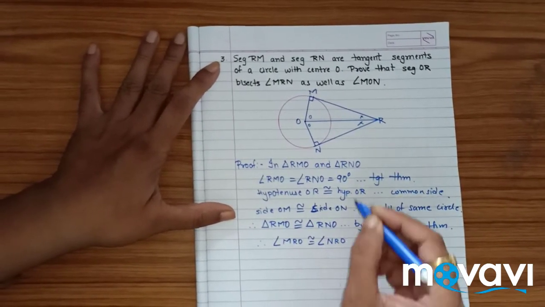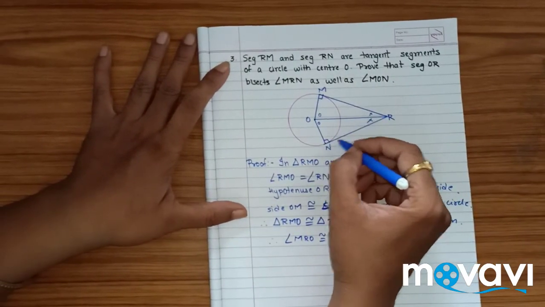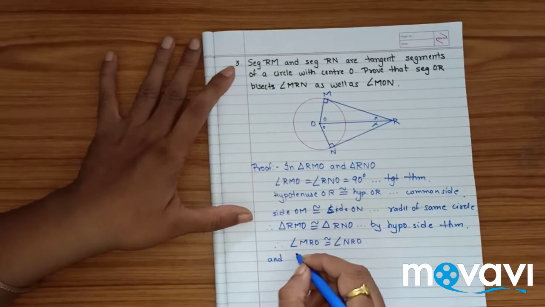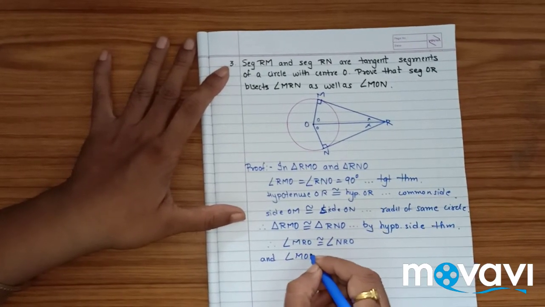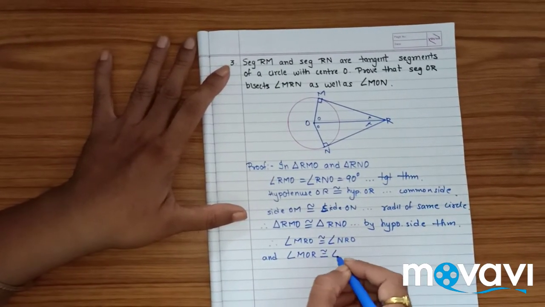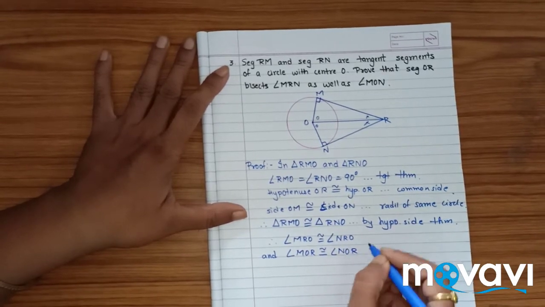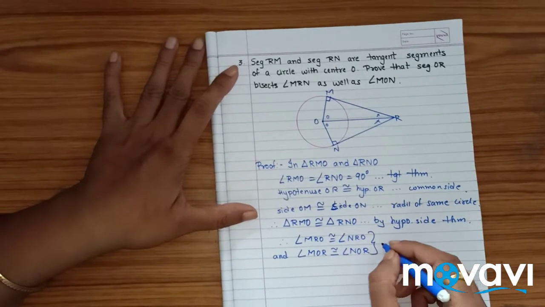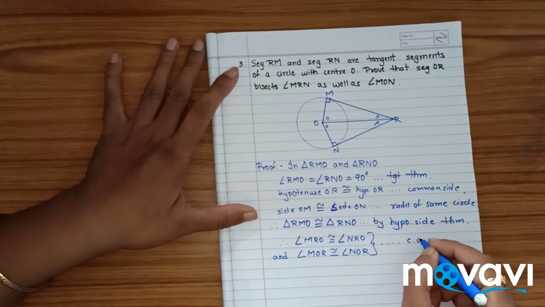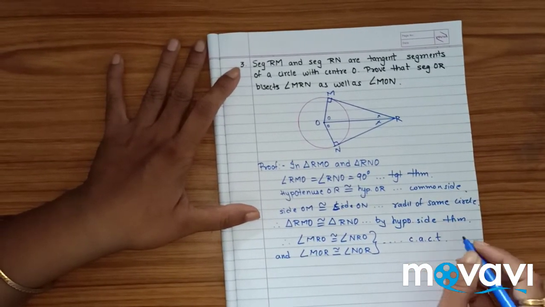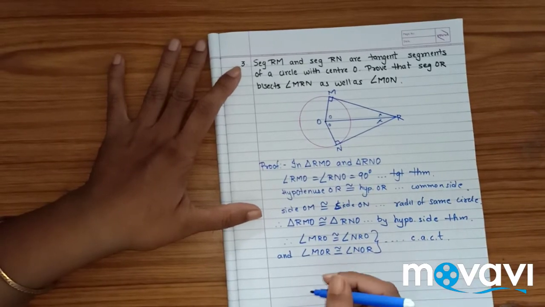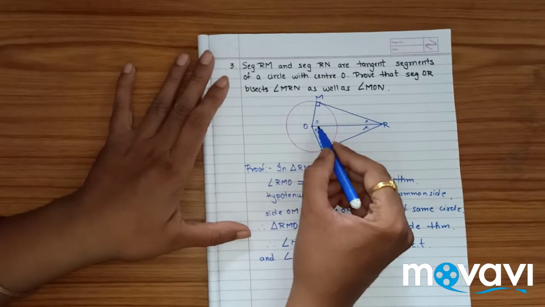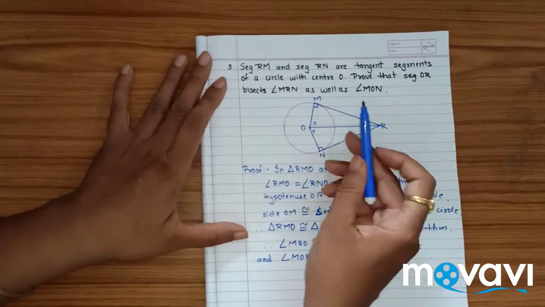NRO. Angle MRO is congruent to angle NRO, and also angle MOR is congruent to angle NOR. The reason will be the same for both: they are congruent angles of congruent triangles. Therefore, what was the result we want?